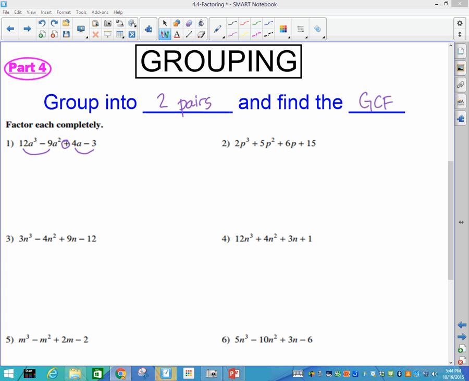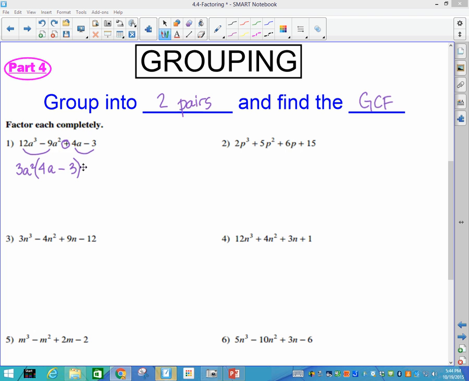So the GCF here is 3a squared, and what's left is 3 times 4 gives me 12, and then I have 2 here and I end up with 3, so I need another one. And then I have a minus sign, and 3a squared times what is 9a squared, and that's a 3.